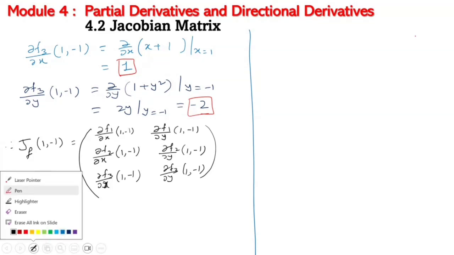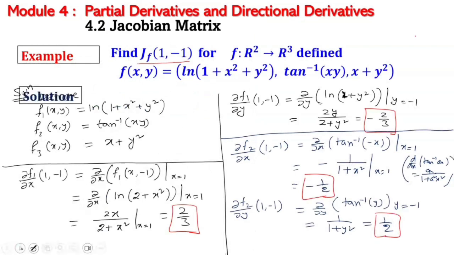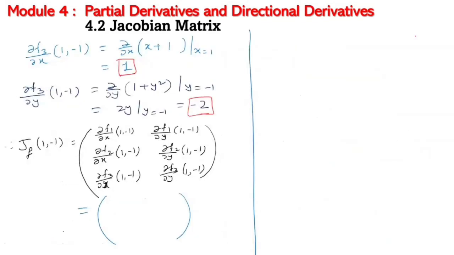So we got all those values and we need to just write it here. So we'll go back and check what the values are. So we got 2 over 3, -2 over 3, -1/2, 1/2, and here we have 1 and -2.